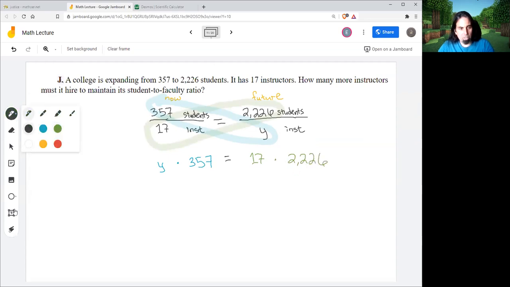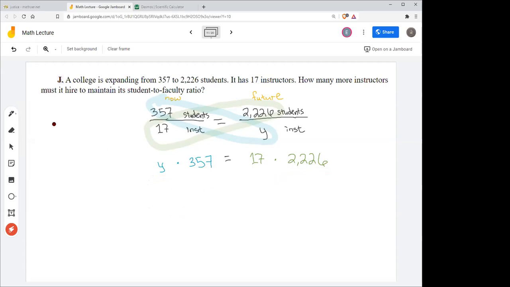Does it help if I write both lines here, first condensing these into one number and then division, or should I just put the division right there? You can just put the division right there.